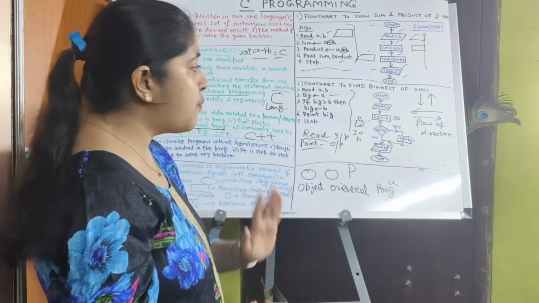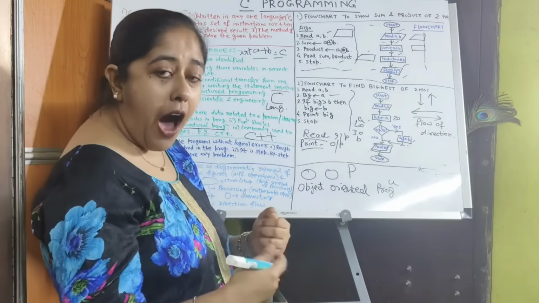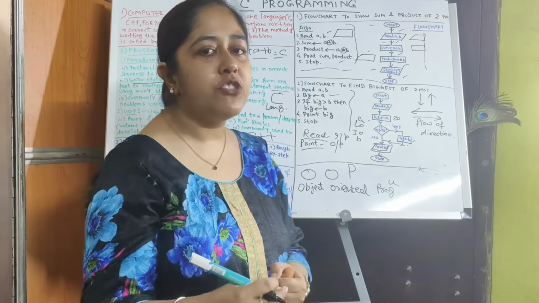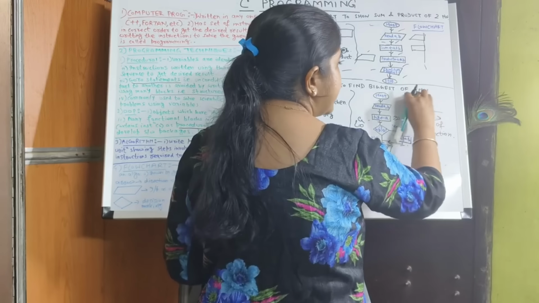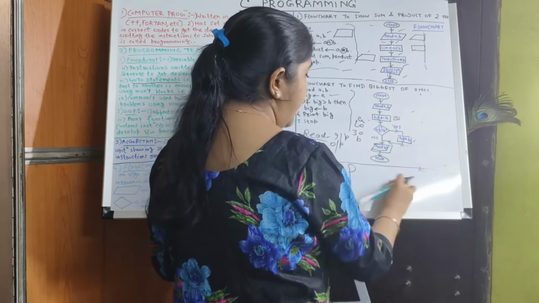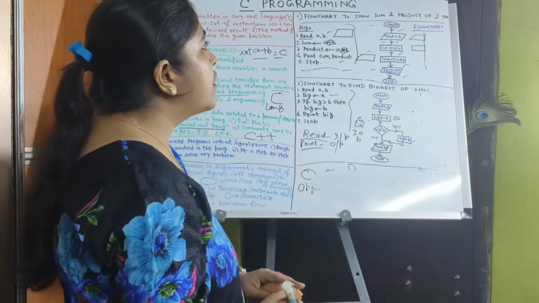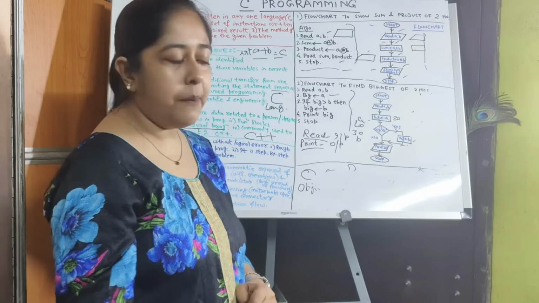Now we are having two problems here. Let's see how this algorithm and this flow chart are made, right? This is the first problem: the flow chart to show the sum and product of two numbers.